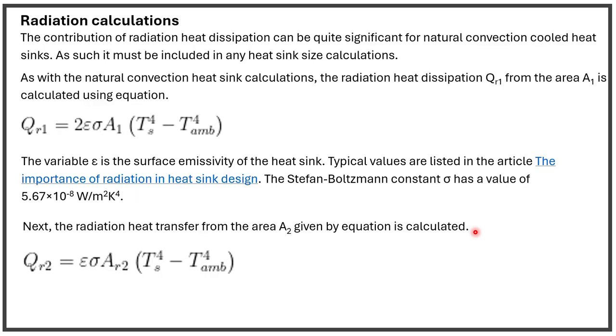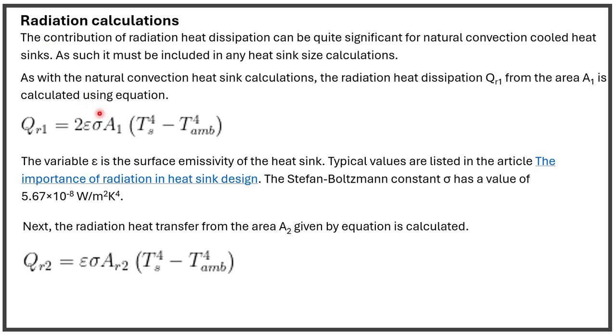Now we have another heat transfer, that is due to radiation, and we need to calculate the radiating heat transfer energy. The contribution of radiation heat dissipation is quite significant for naturally cooled heat sinks.